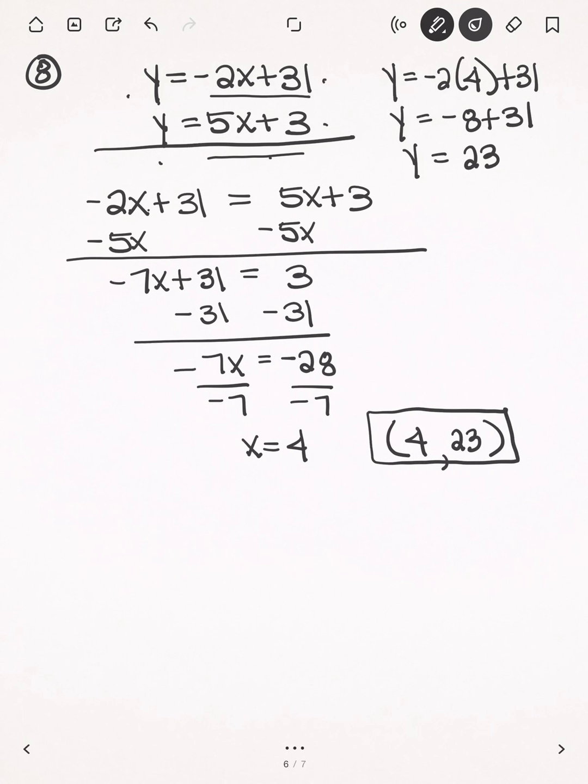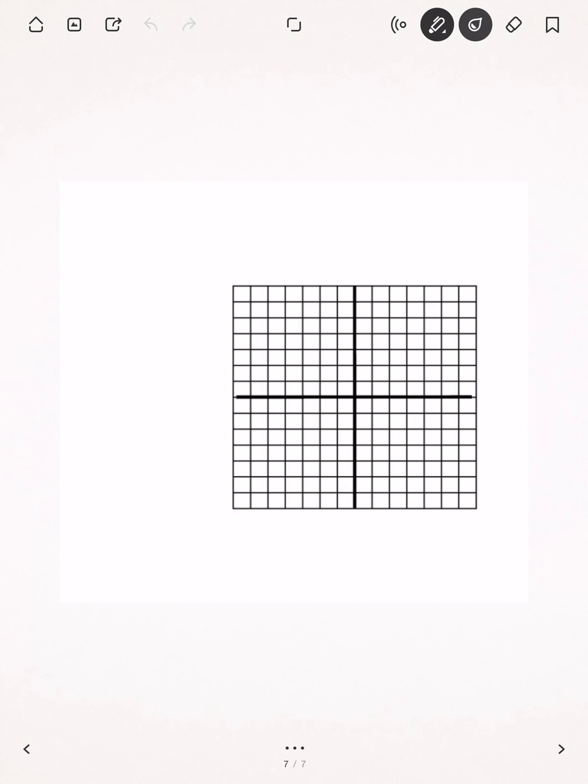All right, we have one more problem. We are going to graph two equations on the same graph. That's all they want you to do is just graph them, and then you will label each one with their equation so I know which one is which. Okay? So, this is problem number 9.